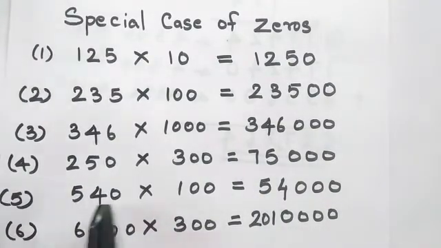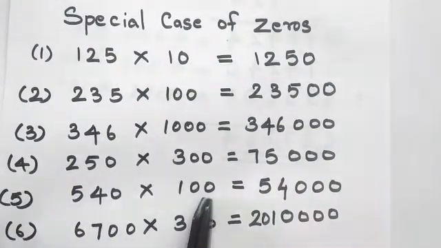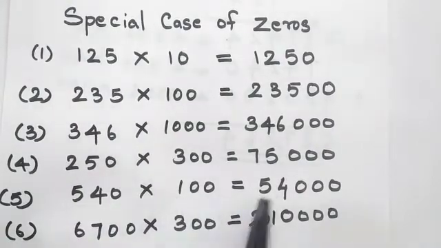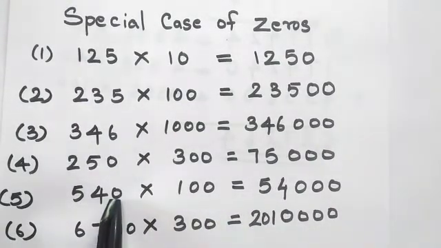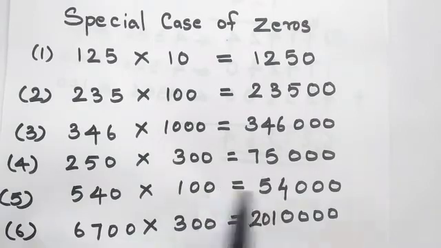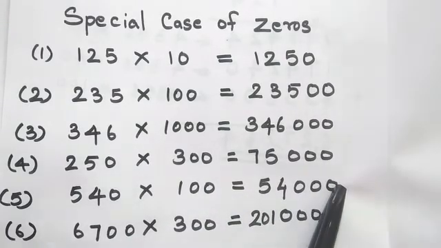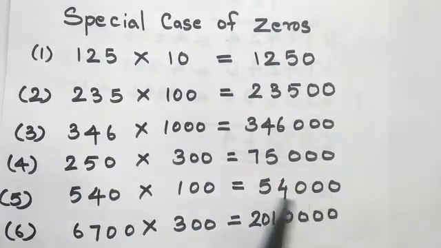Next, 540 into 100. 54 into 1, 54. Zeros 1, 2, 3. We put 3 zeros together with this 54.